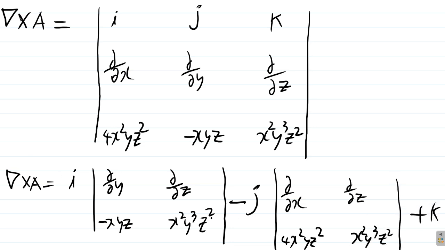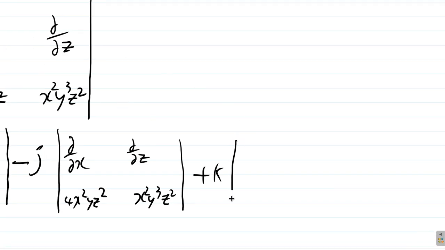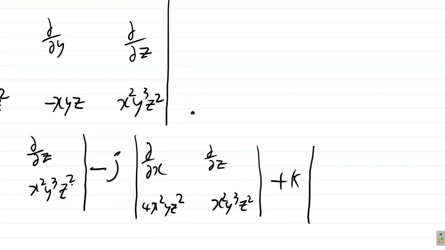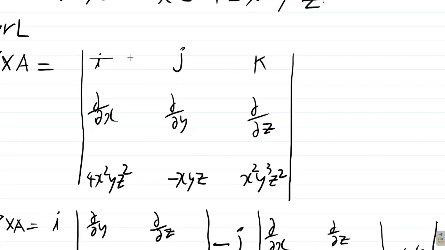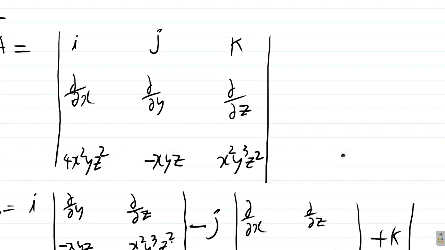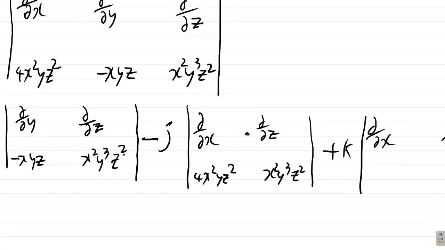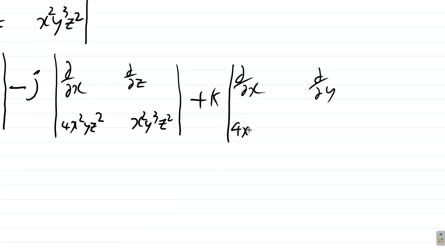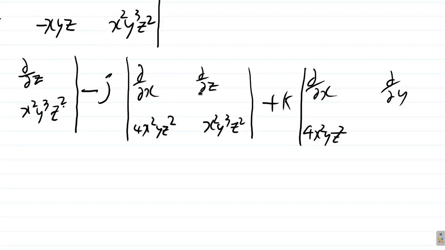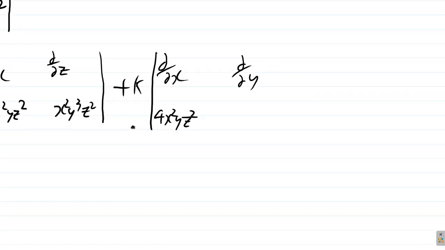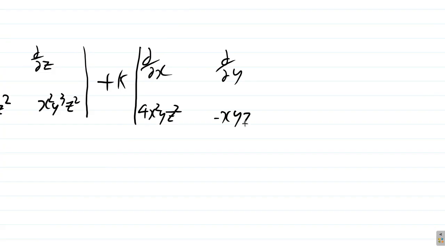Plus k now, and when you cover the row and column with k, you will see these, so they will go in the determinant: partial by partial x, partial by partial y, 4x squared y z squared, and negative x y z. Good.